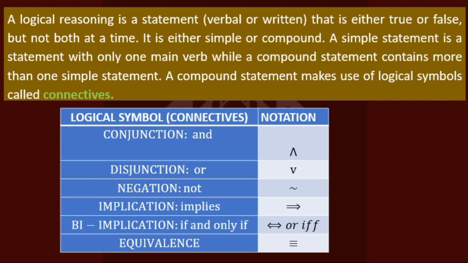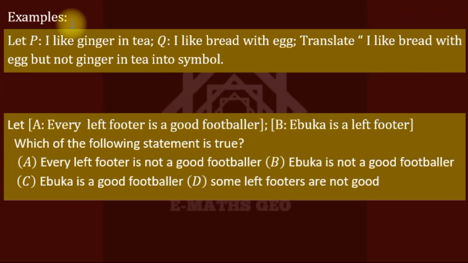For example, they say let P, the first simple statement, be I like ginger in tea, and Q, I like bread with egg. They now ask us to translate "I like bread with egg but not ginger in tea" into symbols.